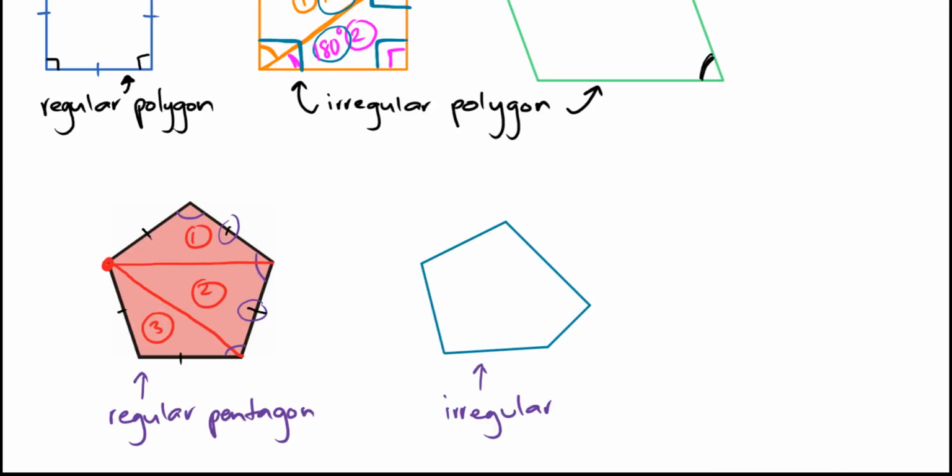Now what we know is that the interior angles of a triangle add to 180. So if I'm looking at triangle number 1, I know that this angle plus that angle there sum to 180. And if I look at triangle number 2, the three interior angles would be that one, this one here, and this one.